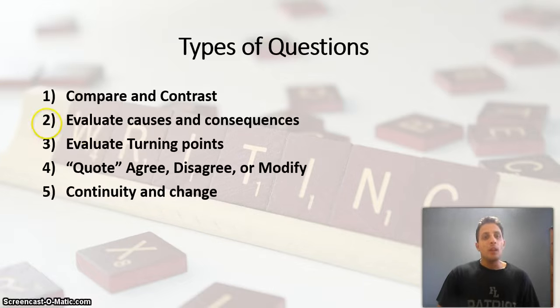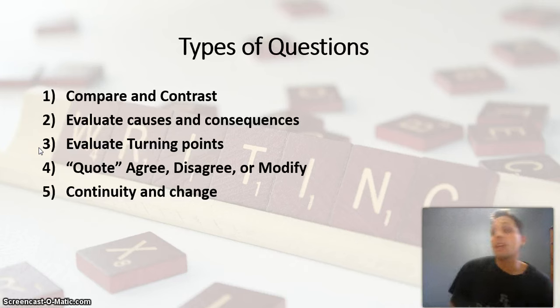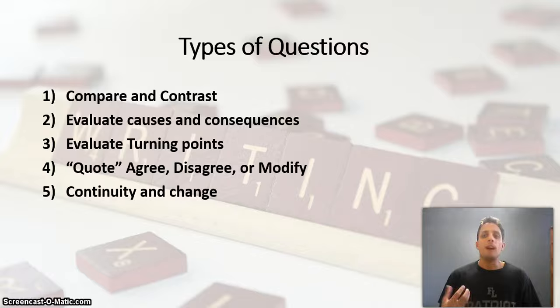All right. The next big question you'll see is turning point questions. For example, from something we've already studied in class, they might ask you to evaluate Christopher Columbus's journey in 1492 as a turning point in American history. That's a much better question for world history than American history, but we're limited in what we've studied so far.